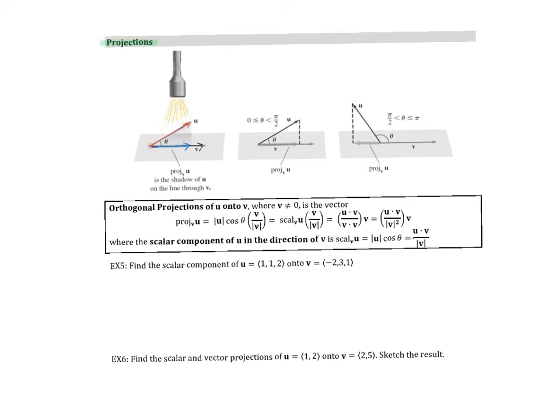And there's going to be 3 different cases, okay, depending on our vector u. If the angle between u and v is an acute angle, where v is actually longer than u, then the first diagram would be what the projection would look like.